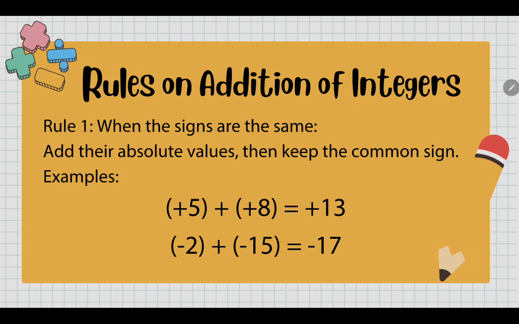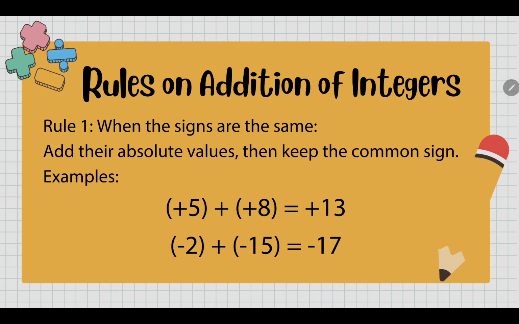Now, the next one is -2 plus -15, which are both negative. We add the 2 and the 15 to get 17, and we also keep the common negative sign, so the answer is -17.